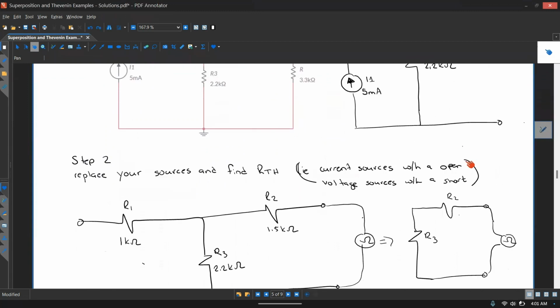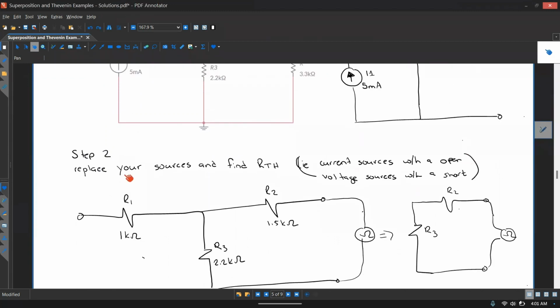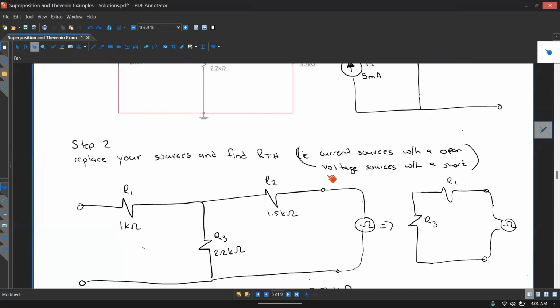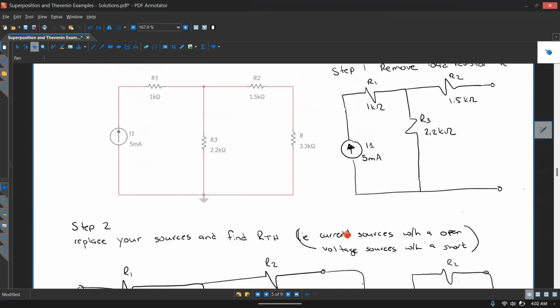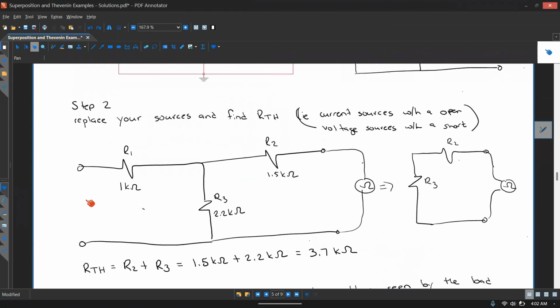All right, the next thing you want to do is replace your sources and find R Thevenin. By replacing your sources, you just want to get rid of them. Just like we talked about in superposition, you replace your current sources with an open and your voltage sources with a short. In this case, we have a current source, so you replace it with an open right here.